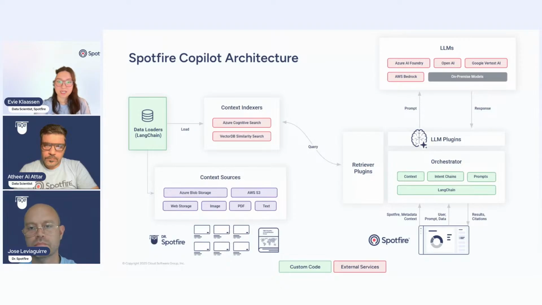This gets plugged into our Spotfire Copilot Orchestrator, which is what we provide. And this contains different contexts, different system prompts, connections to the front end of Spotfire. And then it will also connect to any retriever plugin.